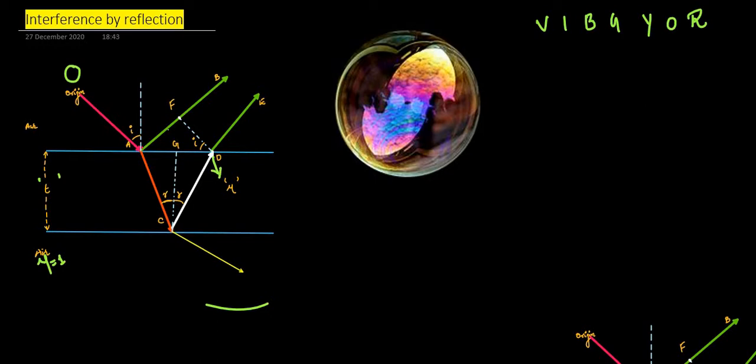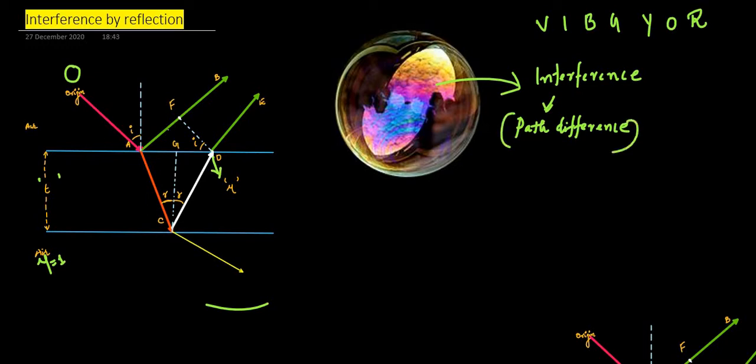This color formation, I told you, is because of interference. Interference means superposition of coherent sources. In order to study interference, we need something very important, which is path difference. Depending on this, only we can explain interference.